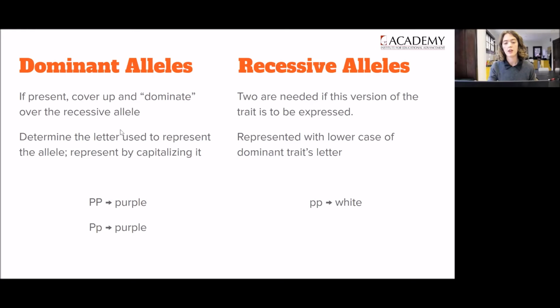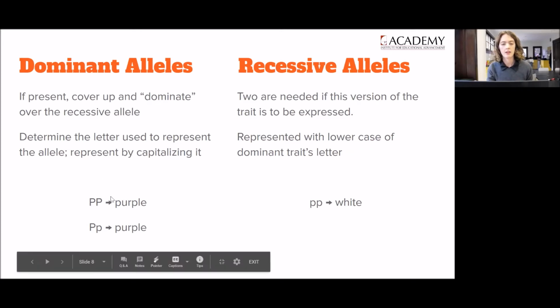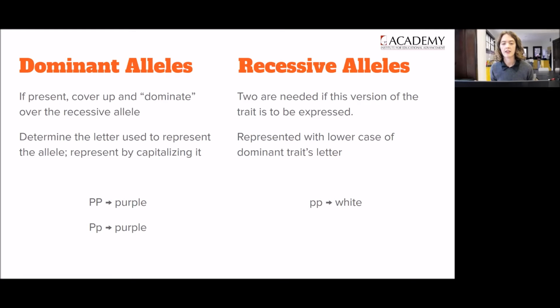One thing that's important to note is that we're going to use letters to symbolize these different things. So a capital letter will mean dominant and a lowercase will mean recessive, and we use the letter that stands for the dominant trait. So we're not going to have any W's in the mix when we're talking about flower color because the dominant is purple, and so we're going to use P. So capital P, that means the plant has 2 dominant alleles.